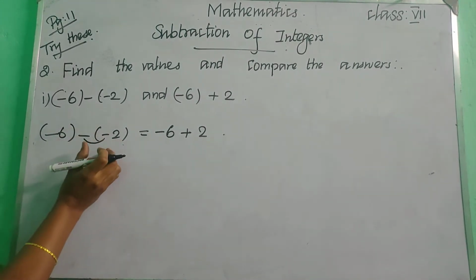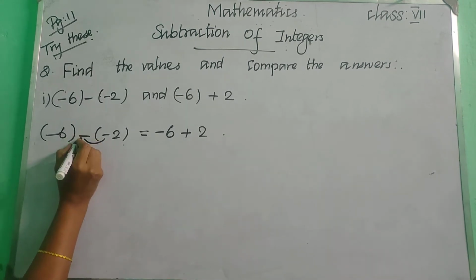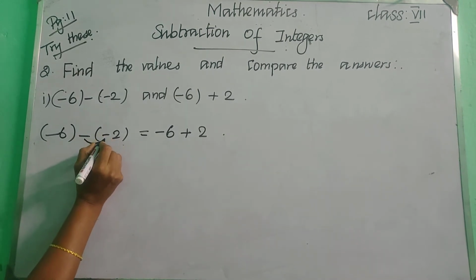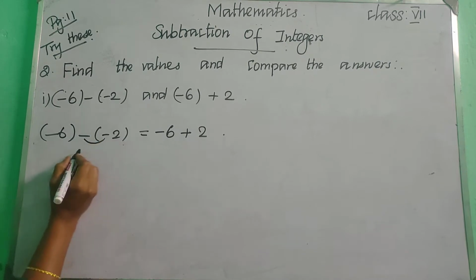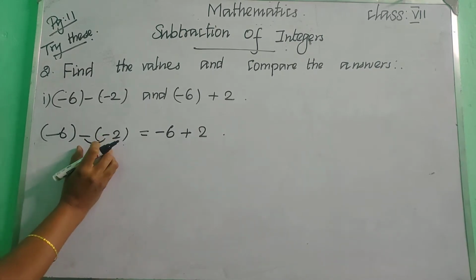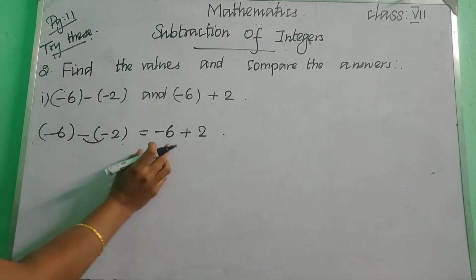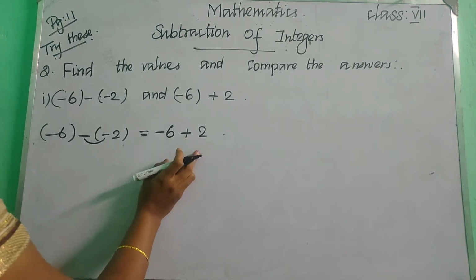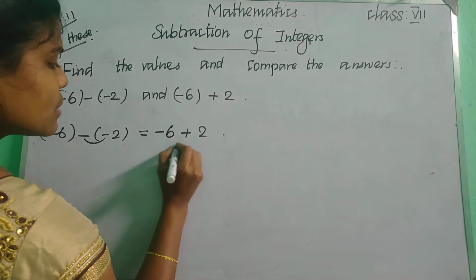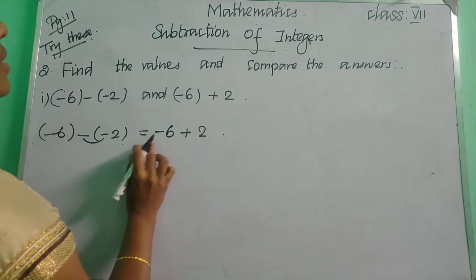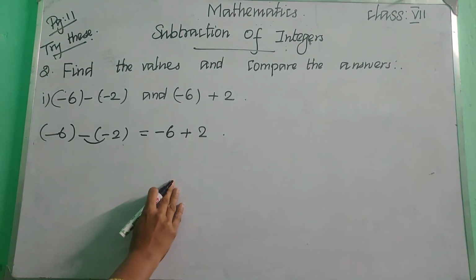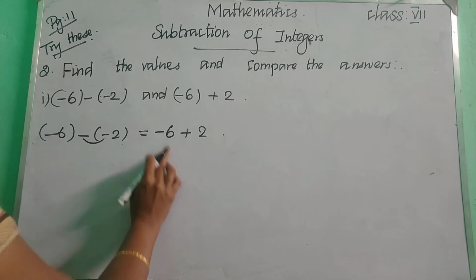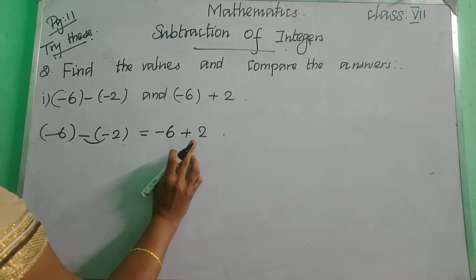If you are having brackets like this, it means here we are having a symbol and also inside the bracket we are having a symbol. So we can say minus into minus, it's plus. So minus 6 plus 2. What is the answer? Different signs, so we need to subtract and put the greater number sign. So 6 minus 2, 4.